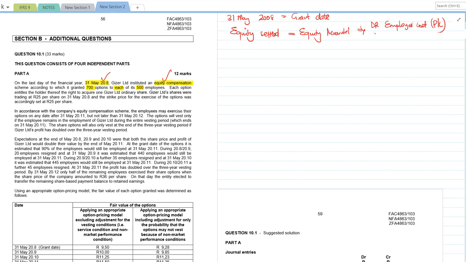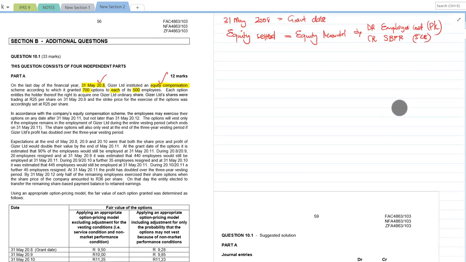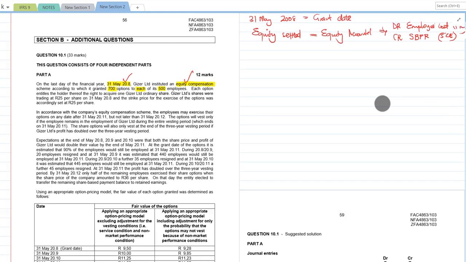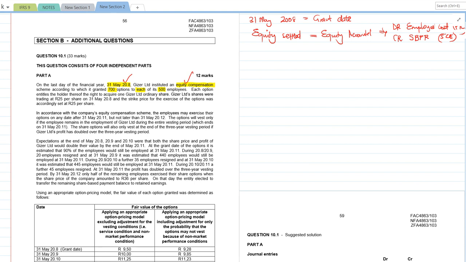And on the credit side, I'm expecting a share-based payment reserve in the statement of changes in equity. Guys, if I go to the statement of changes in equity, I must see a share-based payment reserve that was created in the current year, right? So these are the two things I'm expecting in my journals.